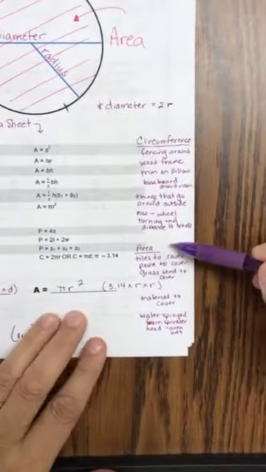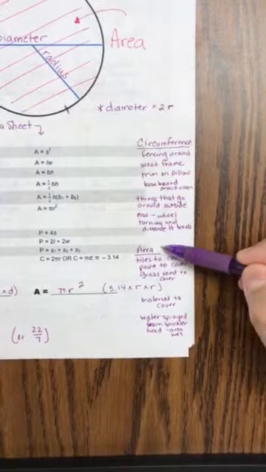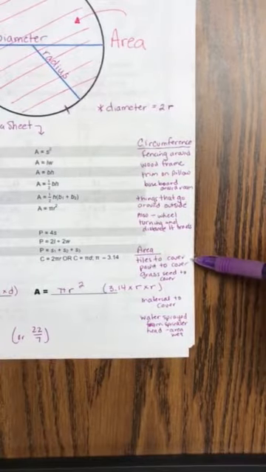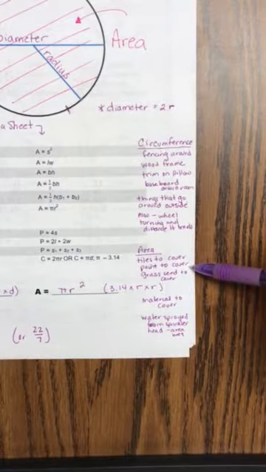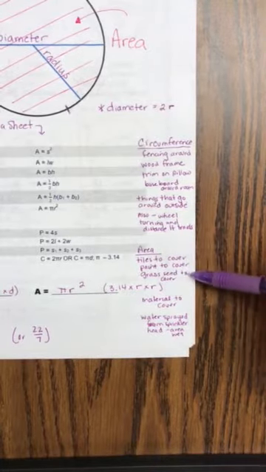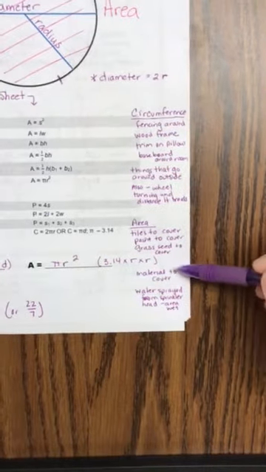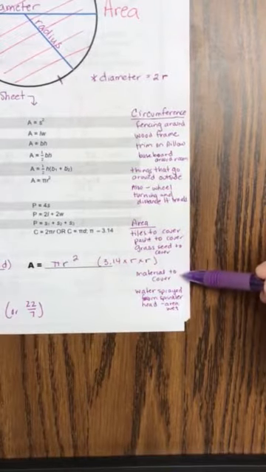Area word problems, they may be questions like how much tile do you need to cover a patio or a floor? How much paint do you need to paint on a circular tower or something? How much grass do you need to cover a circular area of grass? How much material do you need to cover a pillow?